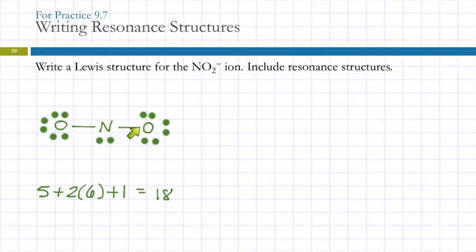Should I put it on the left or on the right? Does it matter? It really doesn't matter, right? We just have to pick one. We'll put it on the left this time. So I'm going to take this lone pair and share it between the nitrogen and the oxygen. So I still have 18 electrons represented, but now everybody has an octet.